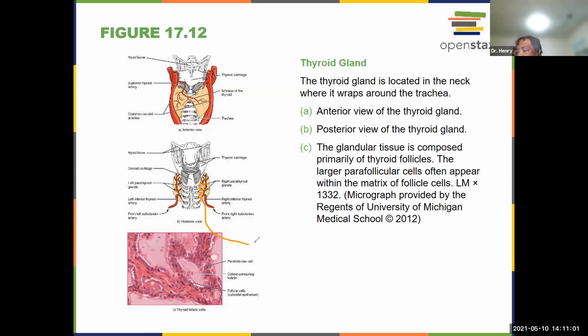And so we've already kind of talked about the thyroid basically producing T3, triiodothyronine, and then T4, which is thyroxine.